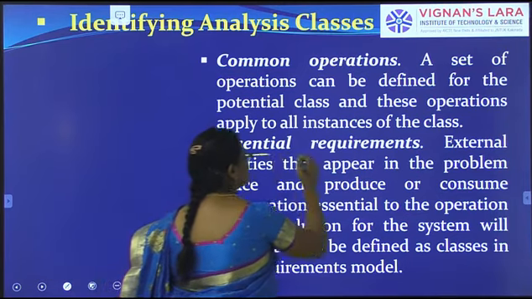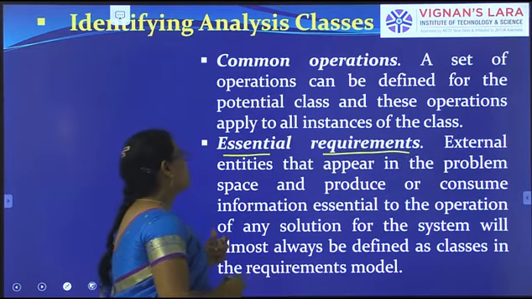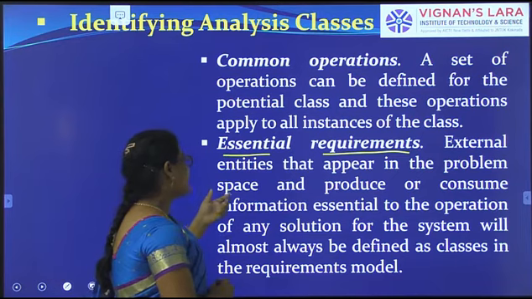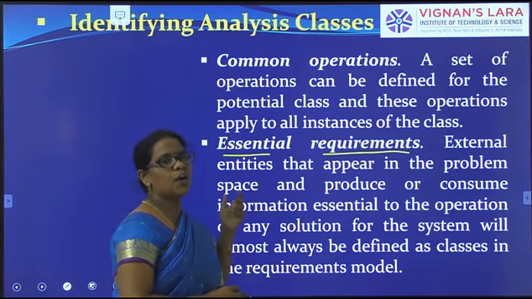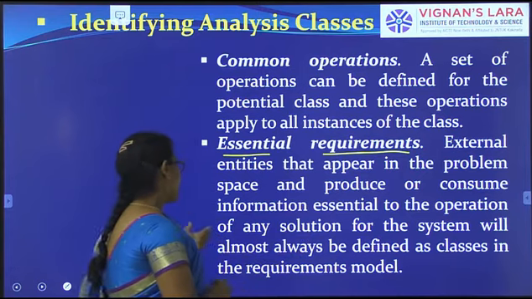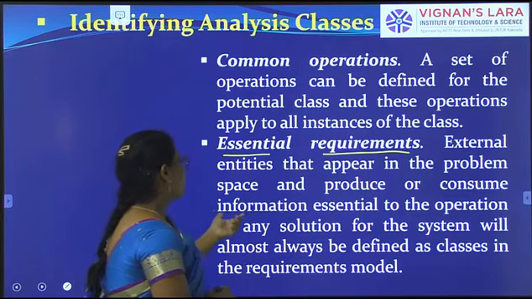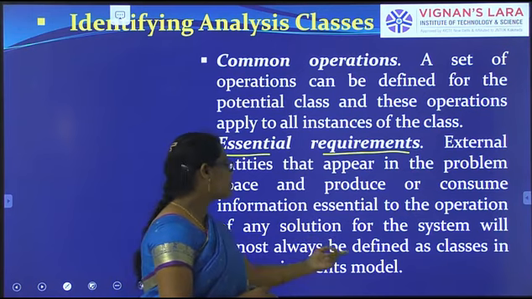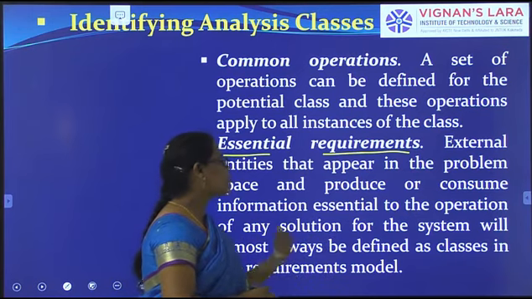The next one is essential requirements. What are the essential requirements? What do we have to take in the problem? Which problem, if we consider it, gives us the output? Information essential to the operation of any solution for the system will almost always be defined as classes in the requirements model.